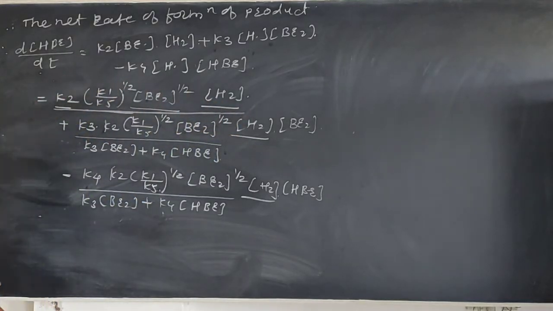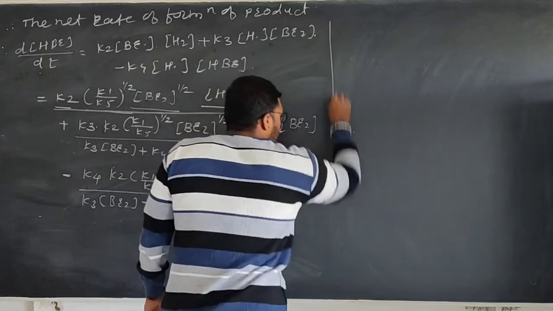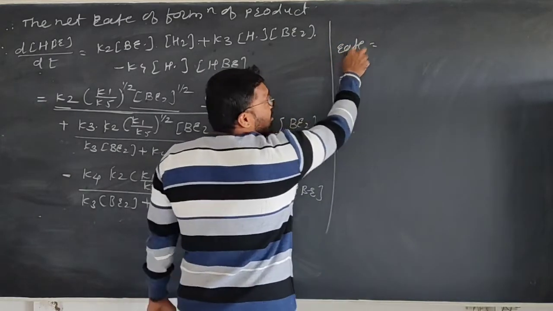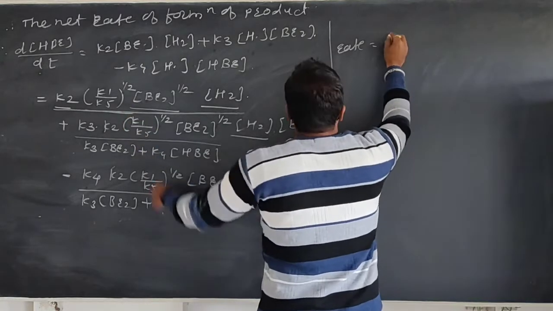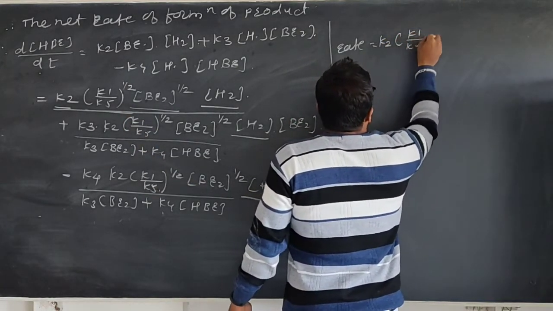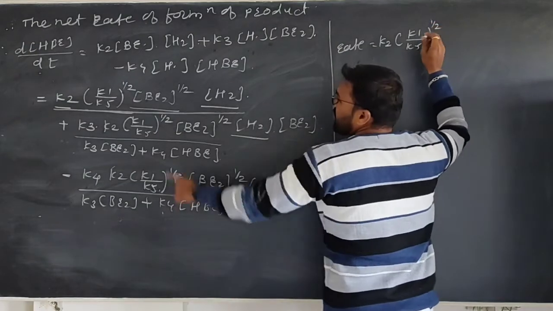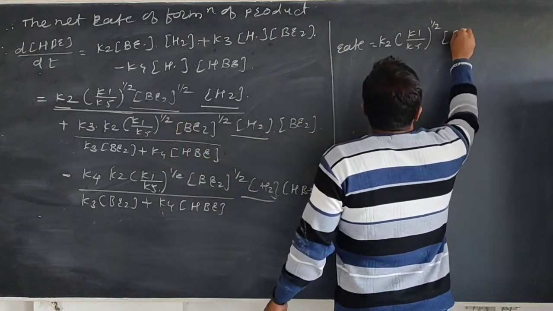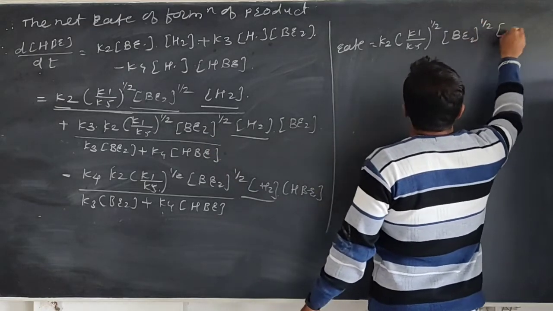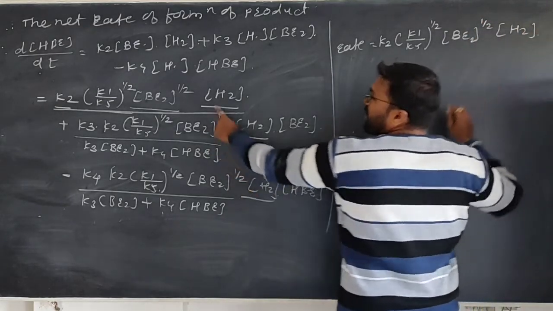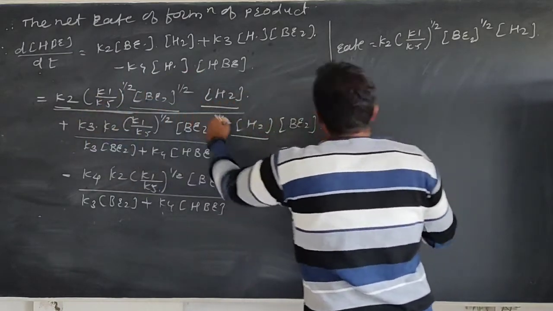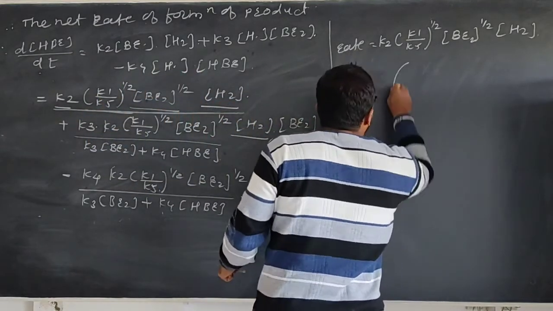Taking the common term, the rate, that is dHBr upon dt, is equal to K2 into K1 upon K5 raised to half into Br2 raised to half into H2, right? From this expression the first phase is totally common; the remaining goes inside the bracket.